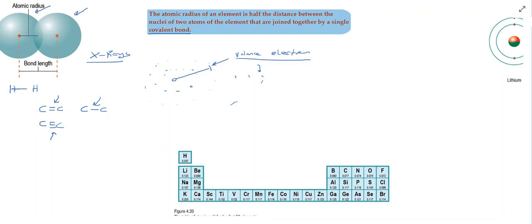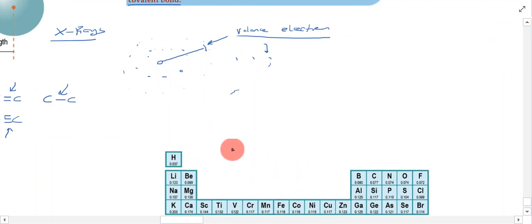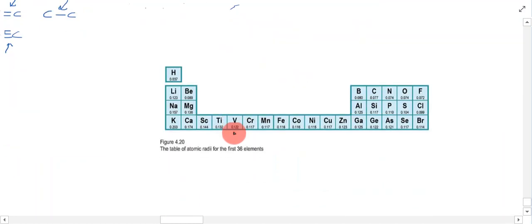So this here is a way of figuring out what's known as atomic radius. If we look down here, we have the table of atomic radius for the first 36 elements on the periodic table. These measurements are in nanometers, so we can see here the various different bond lengths.